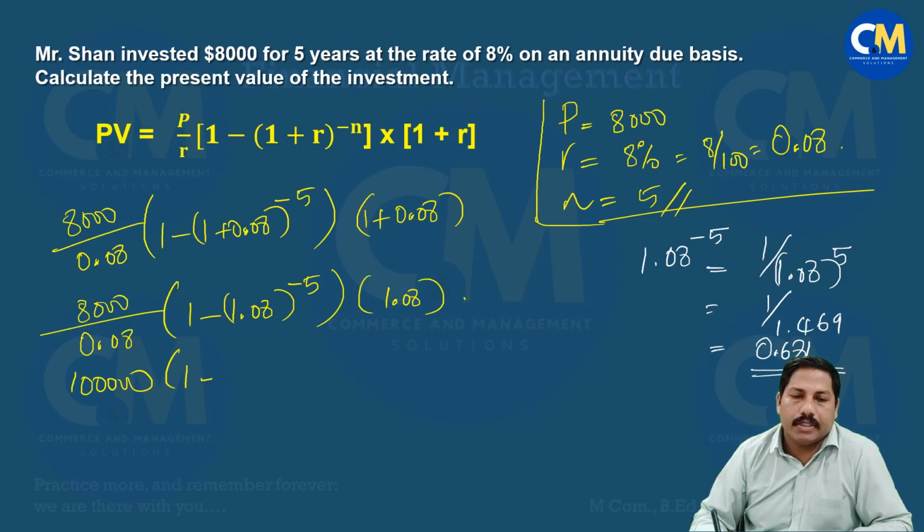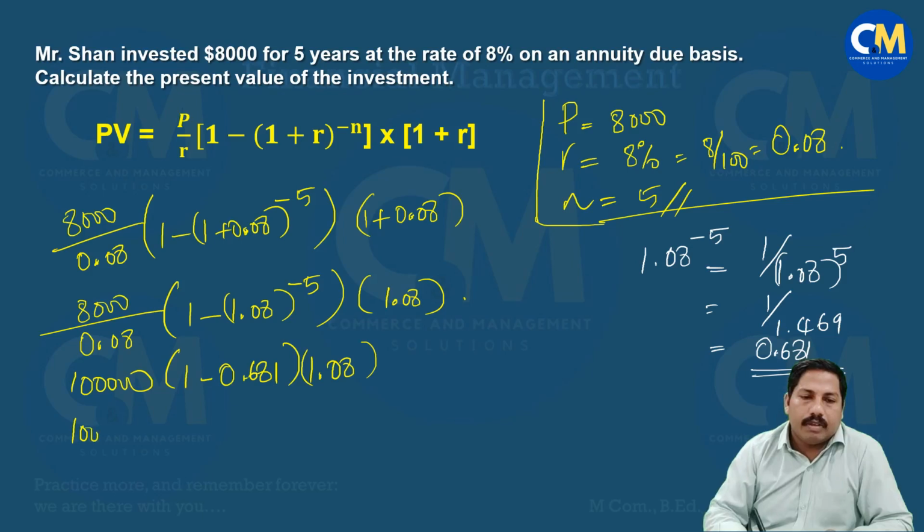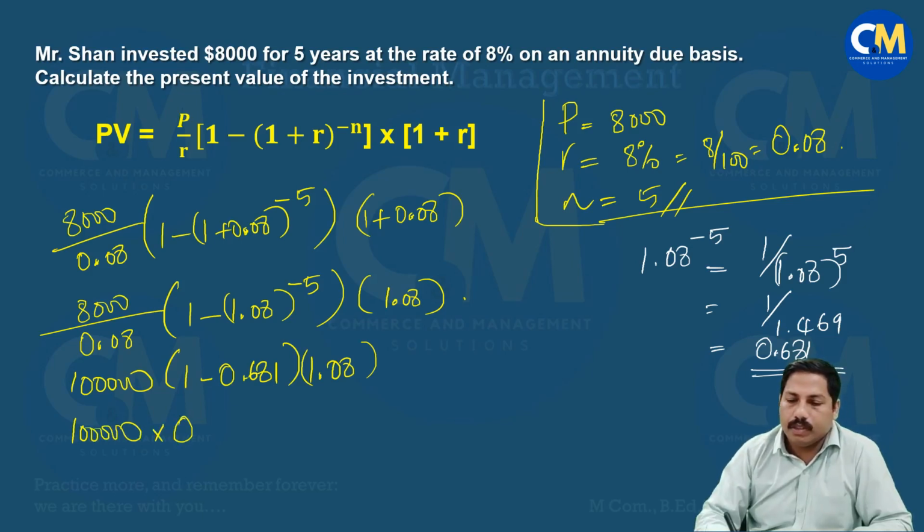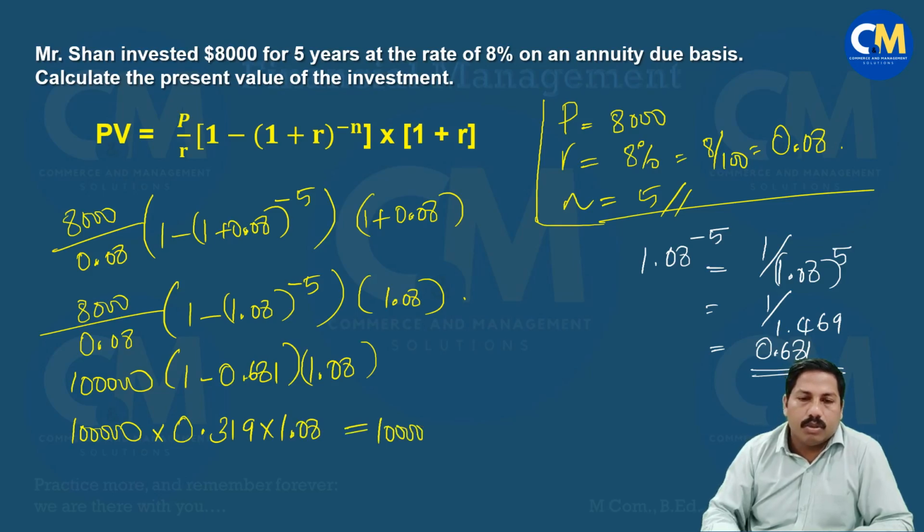So here we can write 1 lakh into 1 minus 0.681 into 1.08. Then you will be getting 1 lakh into 0.319 into 1.08. So that is equal to 1 lakh into 0.345.